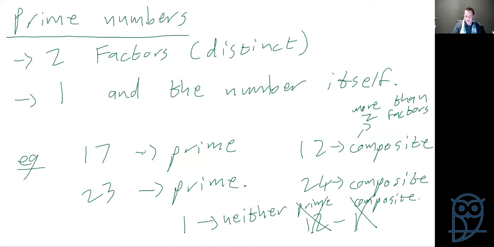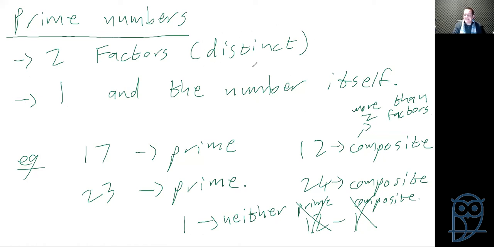So, does 1 have factors of 1 and the number itself? Yes, 1 and the number itself being 1 are factors. 1 times 1, great. Does it have 2 factors? Well, 1 and the number itself, great.